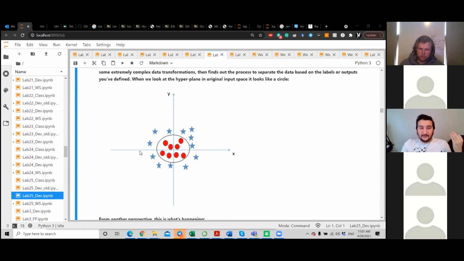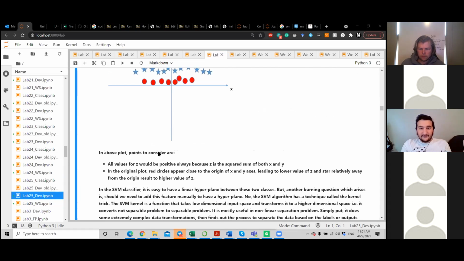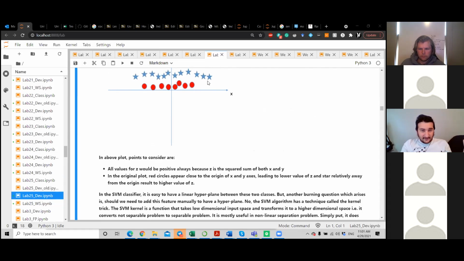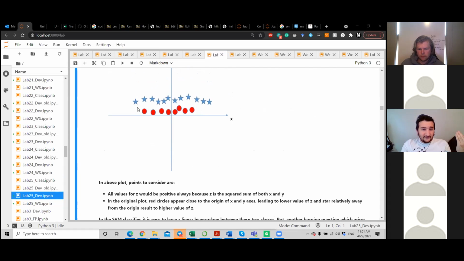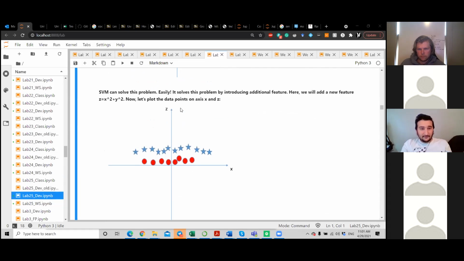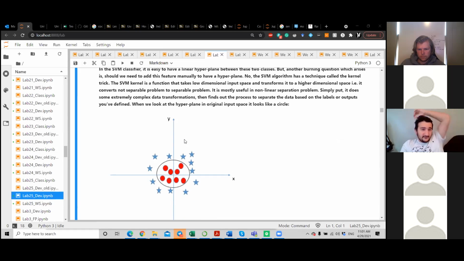Wally, does this sound similar to what you were suggesting? Yes. So this straight line, one-dimensional hyperplane that we had in the ZX space, will look like a circle in the YX space.